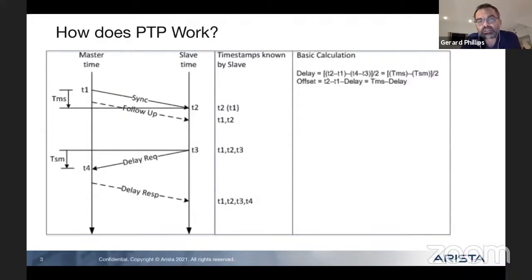So there's the potential for an awful lot of ambiguity about the amount of time it takes to get from one place to another on a packet by packet basis.